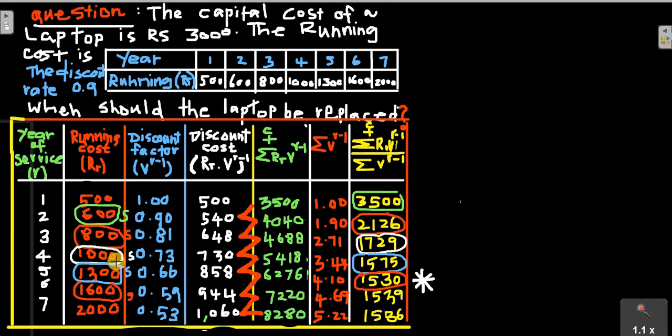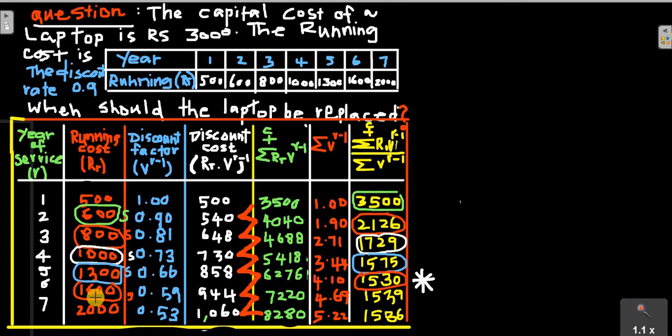Similarly, the fourth year running cost is less than the third year average cost. And the fifth year running cost is less than the fourth year average cost.